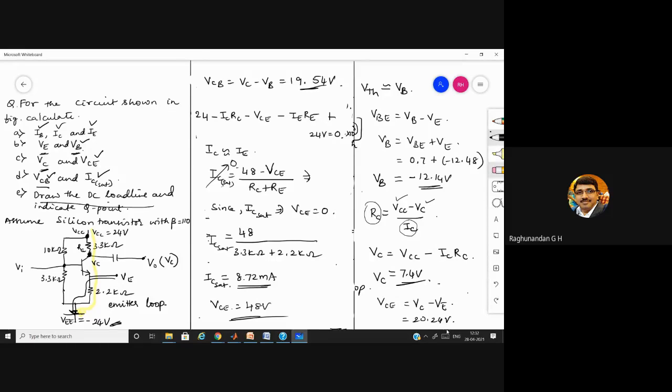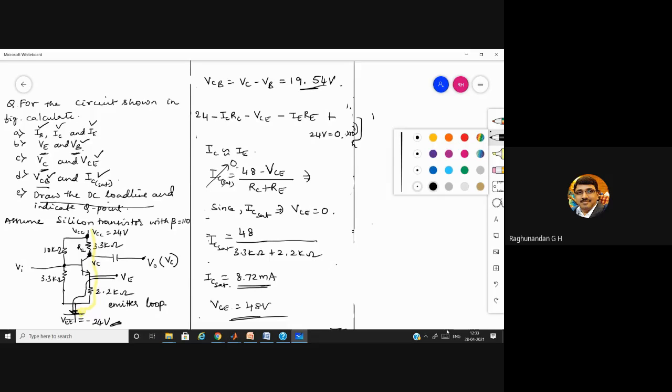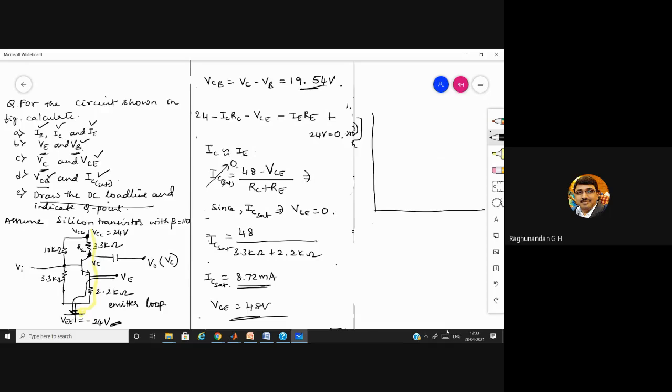Draw the DC load line. This is VCE and this is IC saturation.